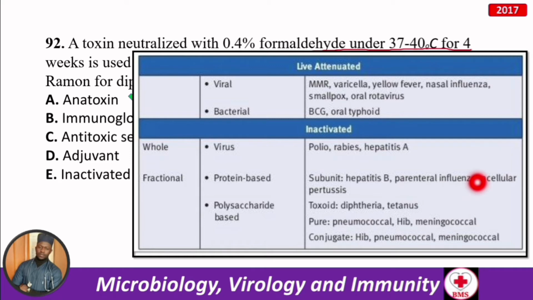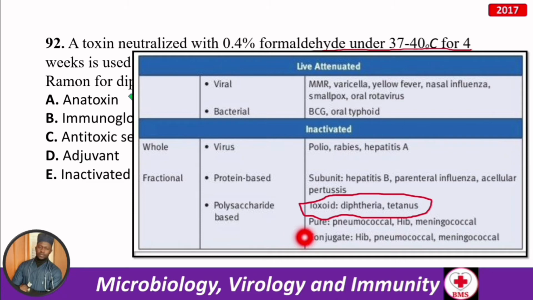Then polysaccharide based, that's where you find diphtheria and tetanus. This one is a toxoid. And pure will be pneumococcal and Hib.